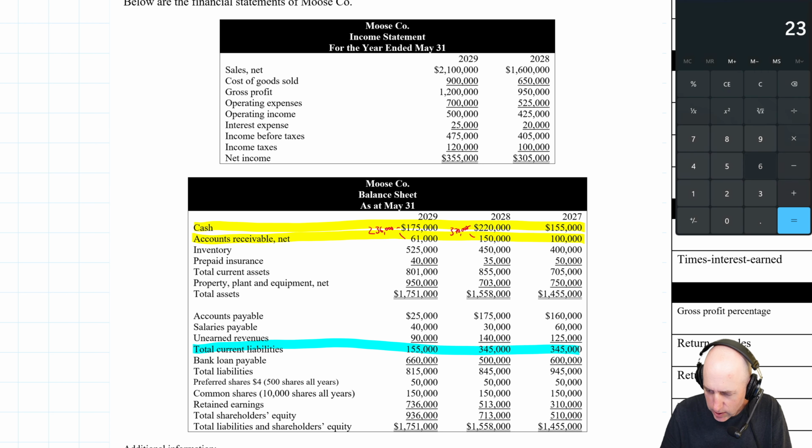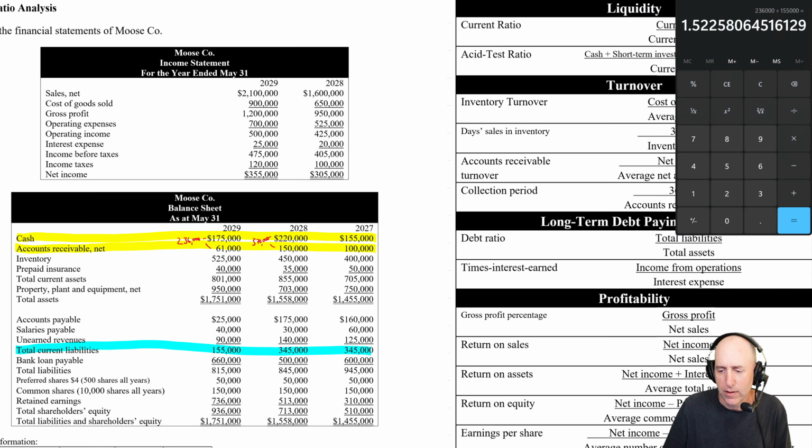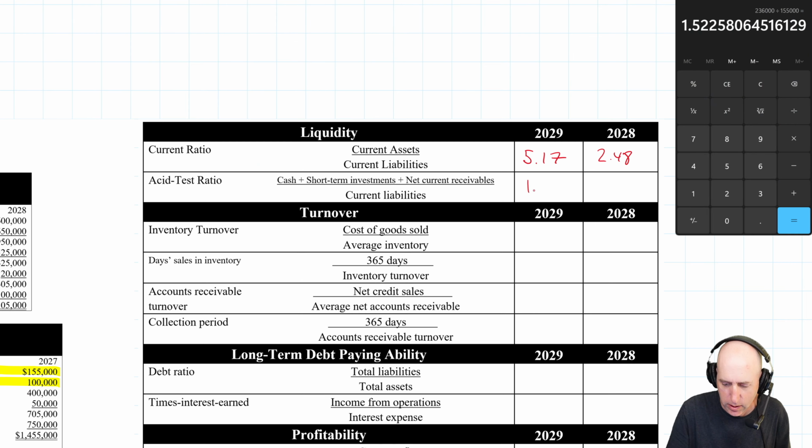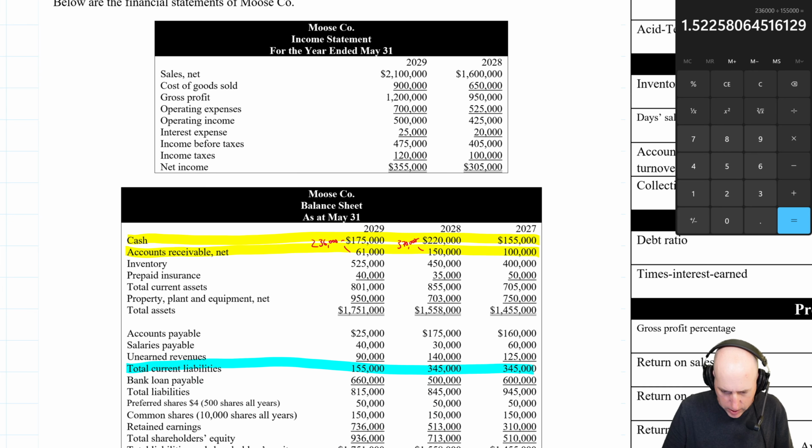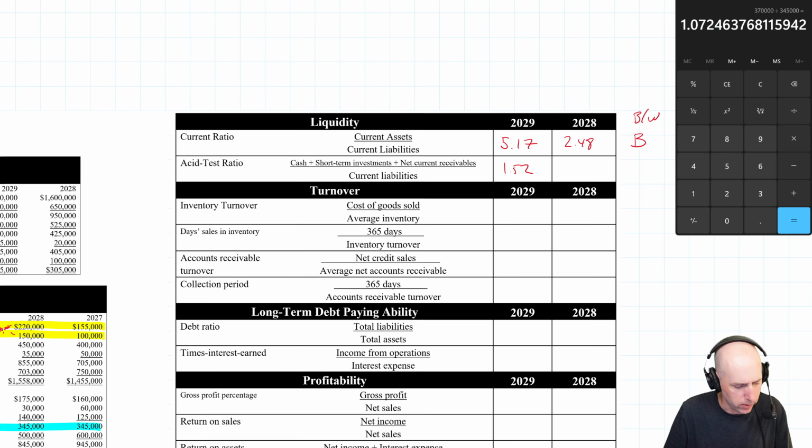So 236,000 divided by 155,000. 1.52. And for the year before, 370 divided by 345, 1.07. So you can see that the acid test ratio is going to be lower always than the current ratio.